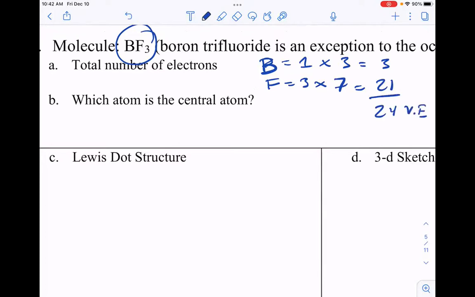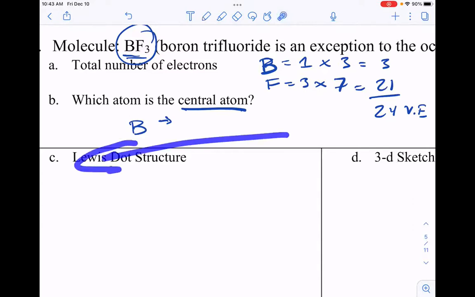So between boron and fluorine, which is central? Boron. Why would that be? Because it's the least, was it metallic, or what was the term? Oh, least electronegative. Yep. And if you're talking about metallic character, boron is further to the left.